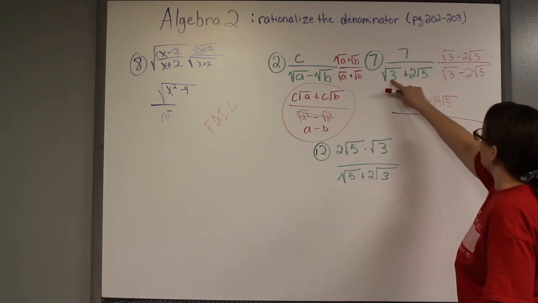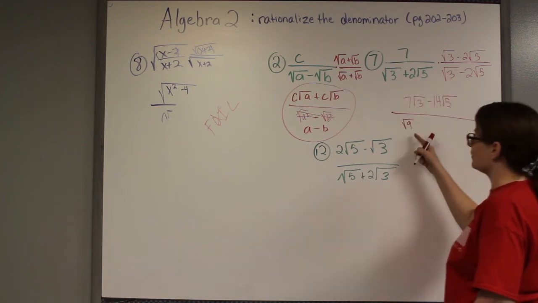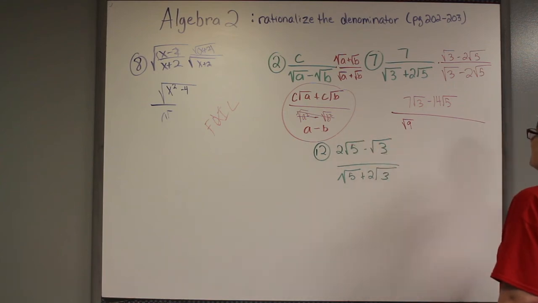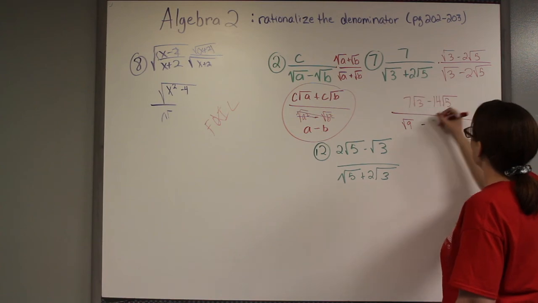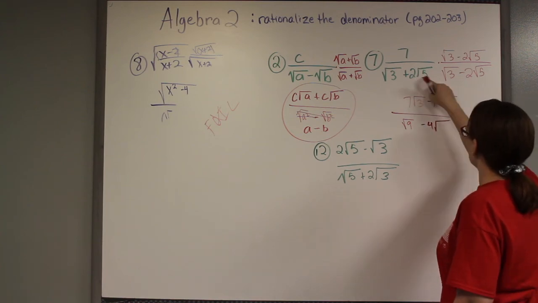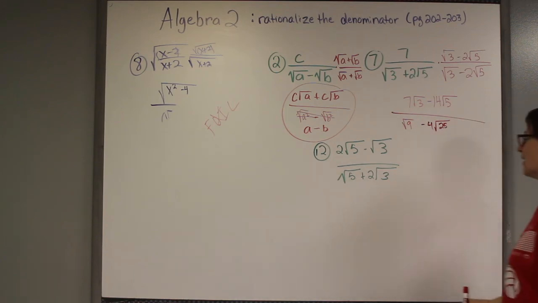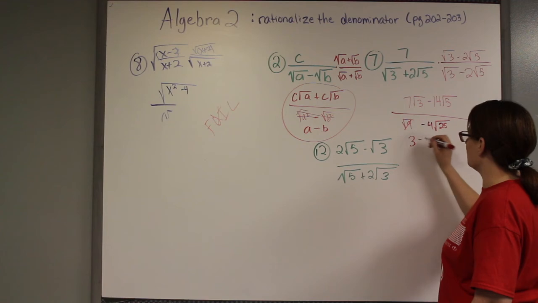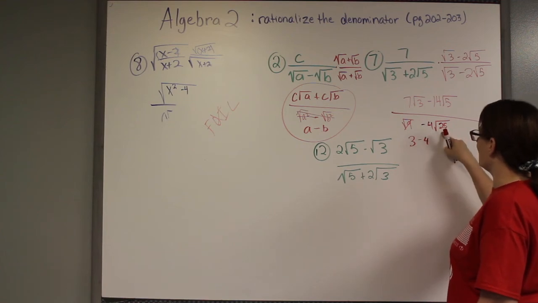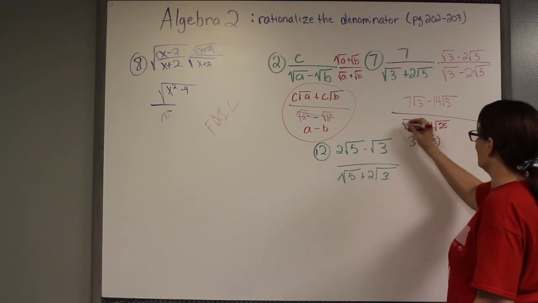On the bottom, I'm going to get radical 3 times radical 3, which makes radical 9. I will reduce this like that one, but in a minute. And then on the outside, I'm going to get 2 times 2, which is 4. And then radical 5 times radical 5, which is 25, okay? Now, the square root of 9 is 3. The square root of 25 is 5.